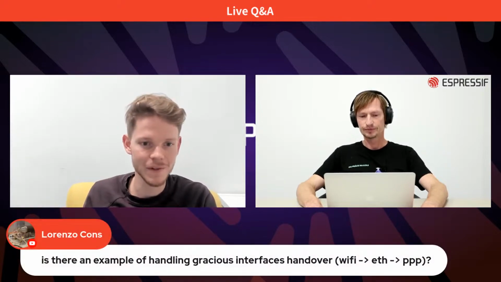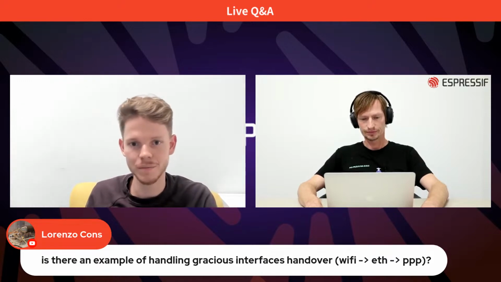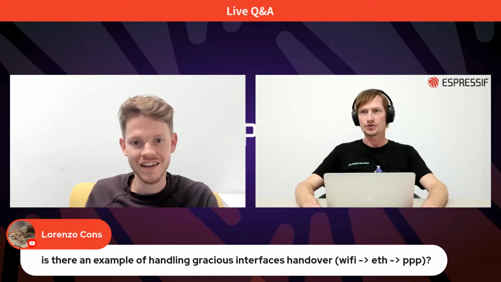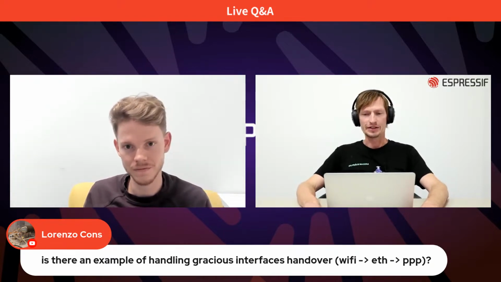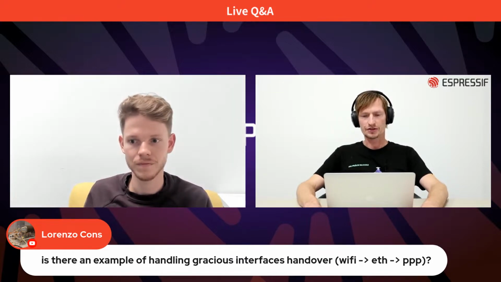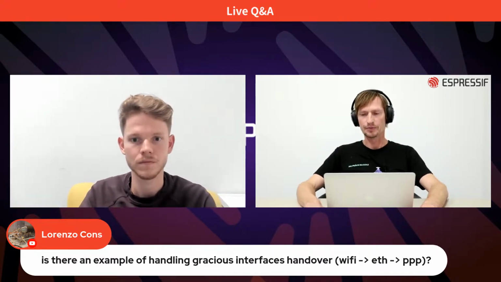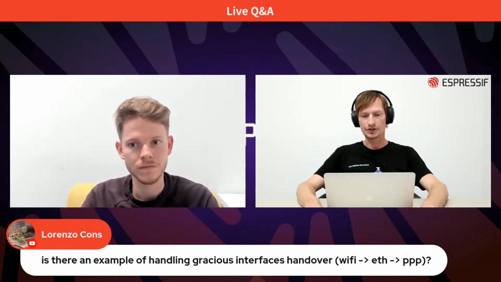Next question. Is there an example of handling graceful interface handover, Wi-Fi, Ethernet, PPP? I think I mentioned that in the chat too. We don't have an example that users can just run and play with, start using without any kind of modification.